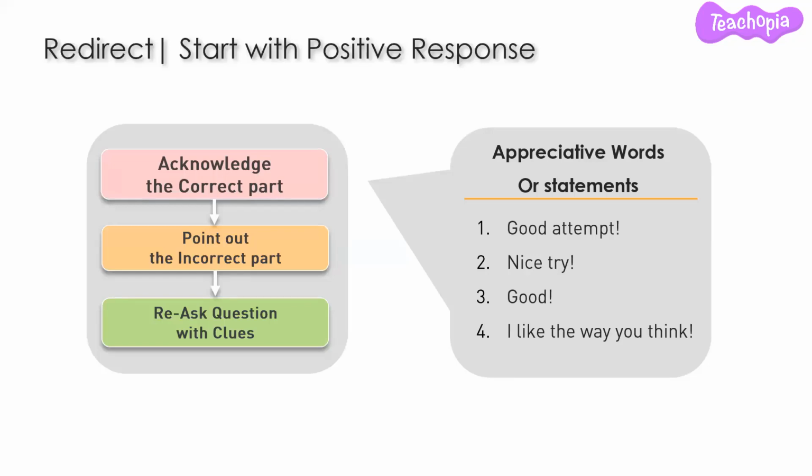Because we did see that sometimes students may not answer at all, so the fact that they're answering itself deserves appreciation. We will give out comments like, good attempt, nice try, good, I like the way you think. All of these encourage the learners to think better and on their own and keep trying despite being wrong.